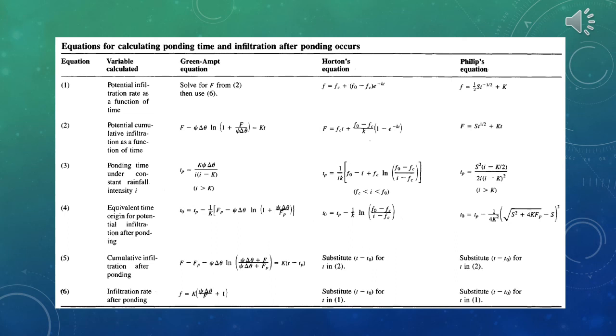Then if you want to find potential cumulative infiltration as a function of time, you will find all these 3 equations. Each case is giving you an idea how to solve or use the steps. Okay, this is a very basic table you guys can use.